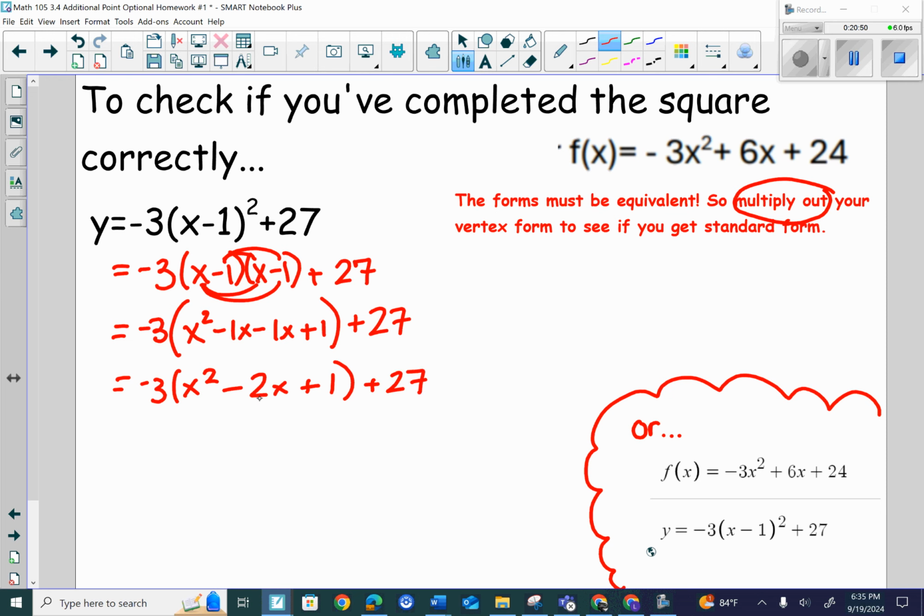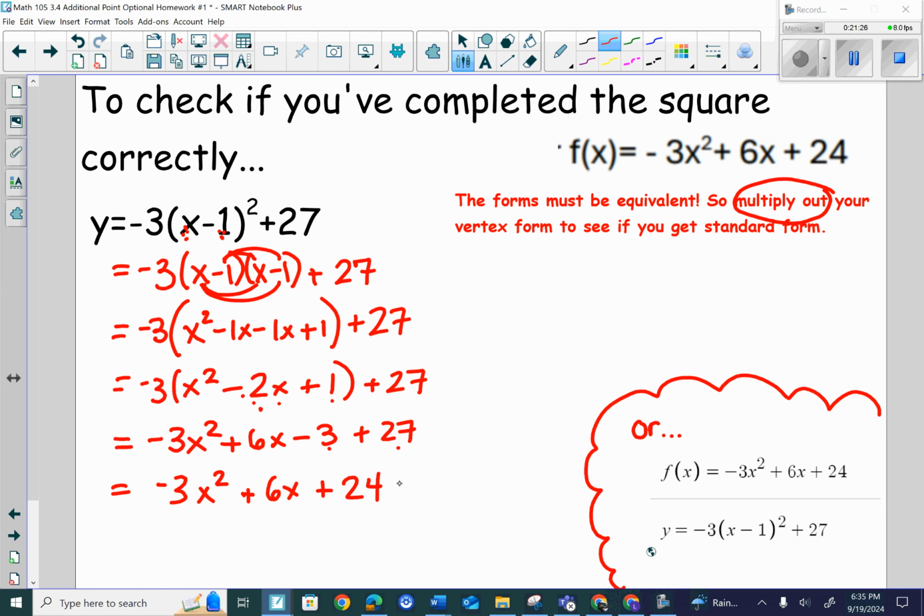Again, that pattern is: the first term squared, double the product of the first and last, and then add the last squared. Then, after I multiply that out, I distribute the -3. Negative times negative, positive, plus 27. And I combine anything. -3 and positive 27 give me positive 24. And then I look over there and I go, yep, yay.